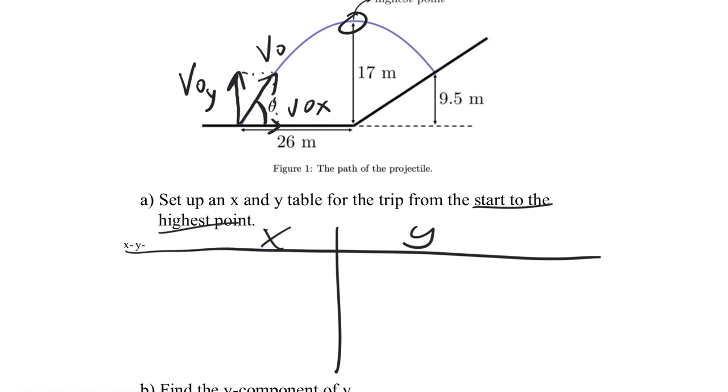But what do I know? AX is equal to 0, always. AY is negative 10 meters per second squared.